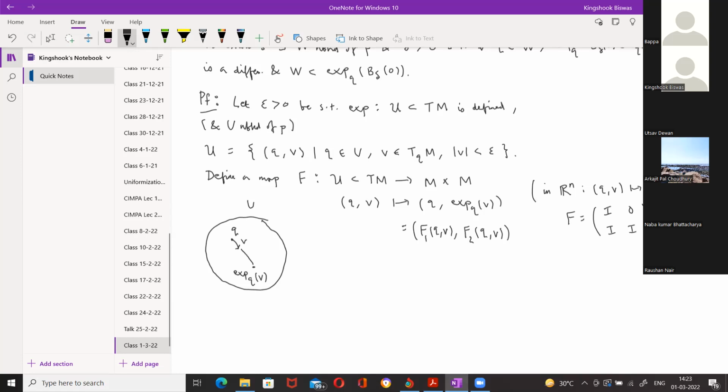Okay, so let's calculate df at the point P0. This is going to be a block matrix, df1 at P0, df2 at P0.